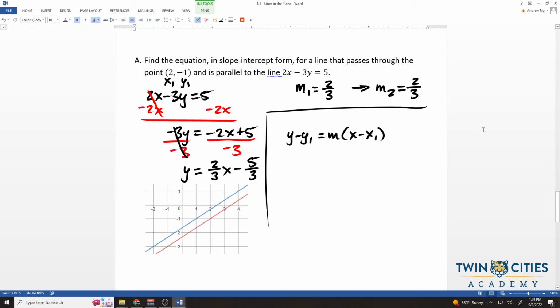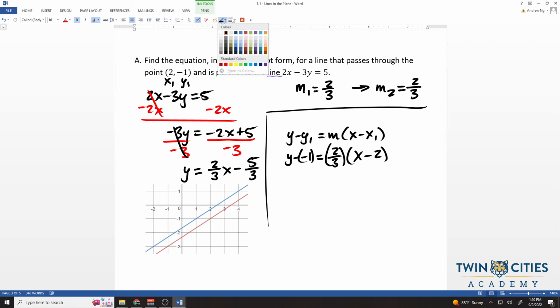Let's plug in what we know. y1 is negative 1, so y minus negative 1 is equal to the slope here, 2/3, quantity x minus x1, which is 2. Let's distribute here and clean this up a little bit.